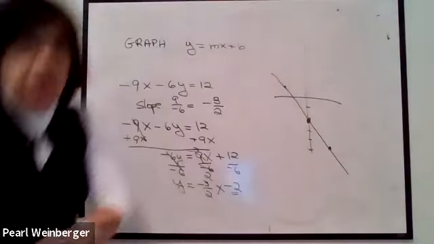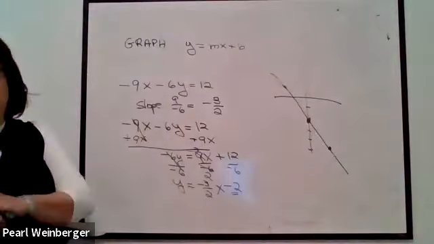So if we're given the equation of a line, and we put the equation in the y equals mx plus b form, if we solve for y, if we get the y by itself, then the number in front of the x is going to be the slope of the line.